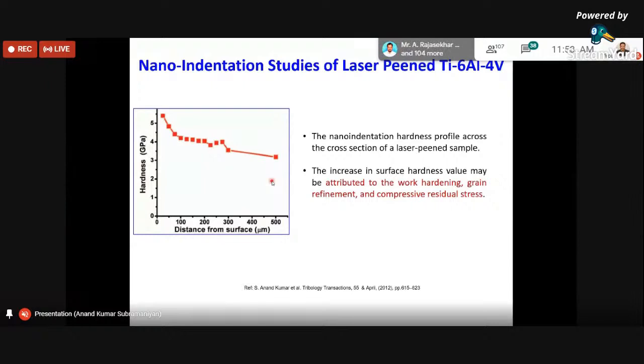But there is some research work where people have seen, when they use tungsten carbide balls, some amount of tungsten carbide signature on the treated layer.